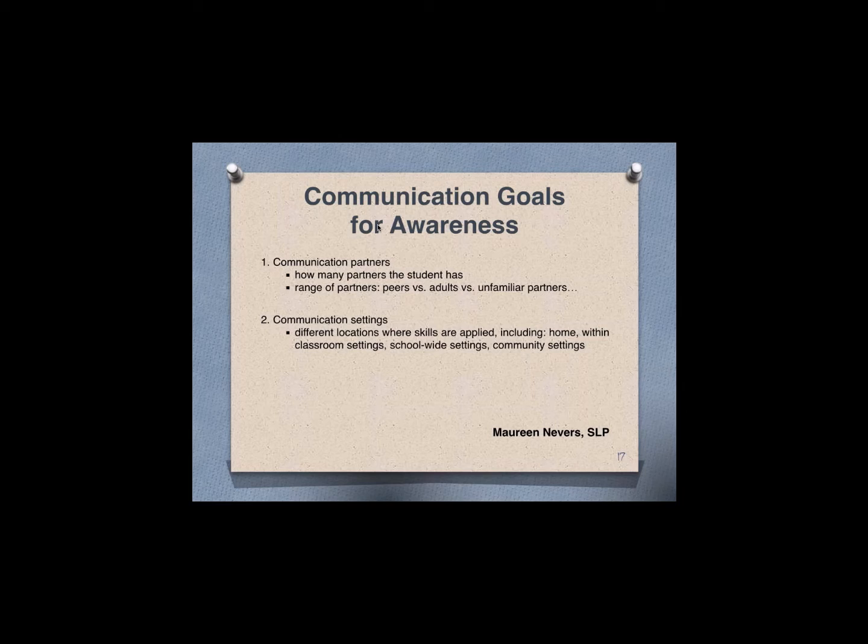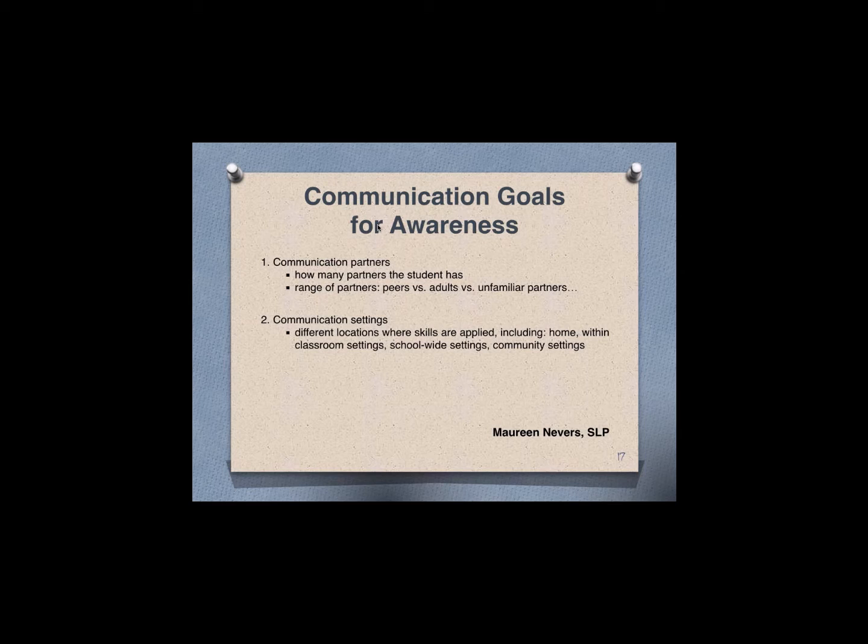But these goals, we can start with goals such as how many communication partners, a goal that our child is interacting with a larger number of communication partners modeling the use of their system. We can have goals around our child interacting with peers versus adults versus unfamiliar partners, learning how to use their system.